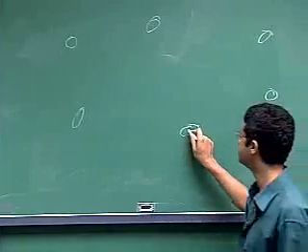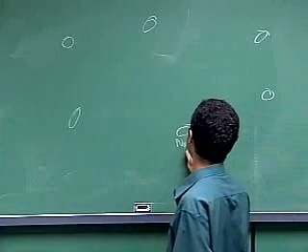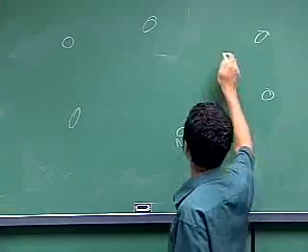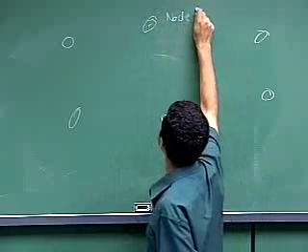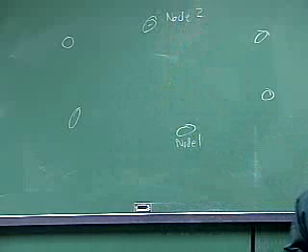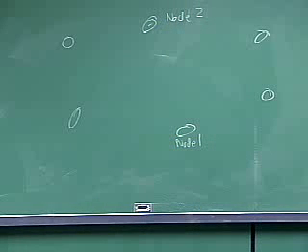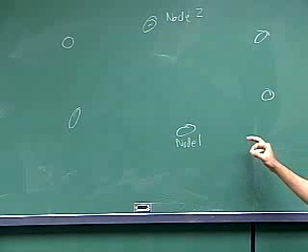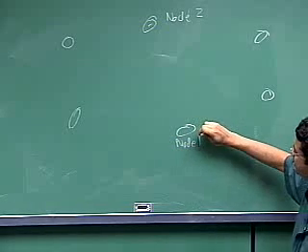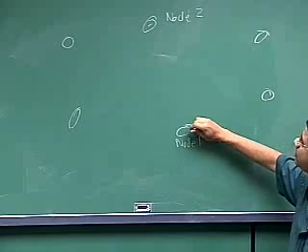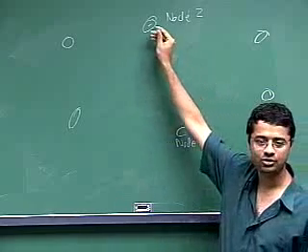So if node 1 wants to share information with node 2, at any network or at any layer, node 1 has to be able to uniquely identify node 2.